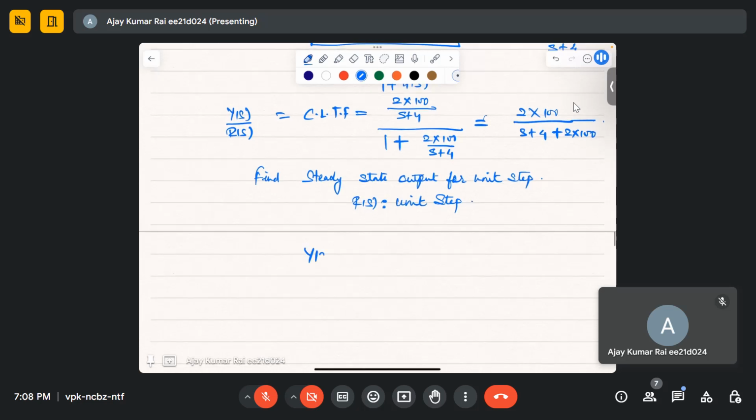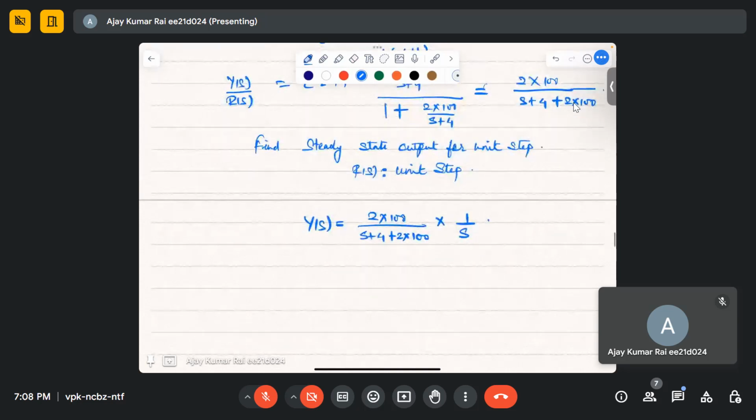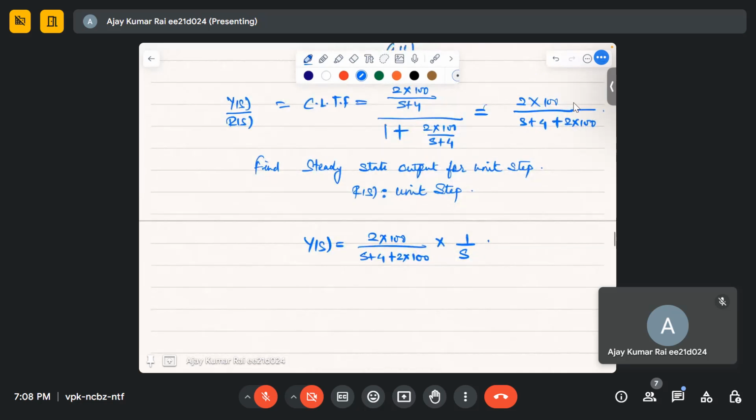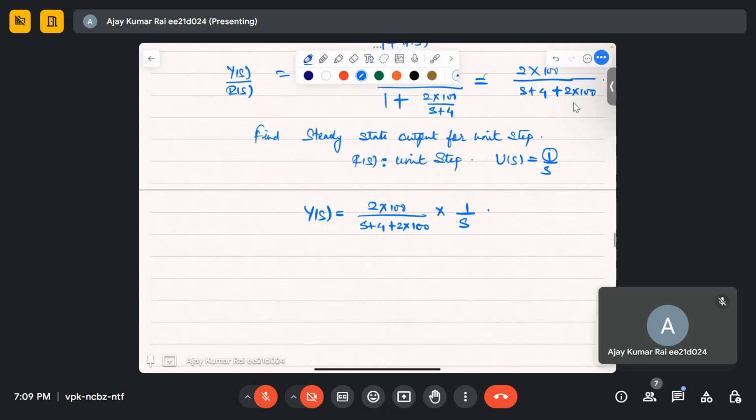Okay, so y of s will be closed loop transfer function, whatever this 200 is plus 4 plus 2 into 100 into u of s. Okay, u of s, so I'm just replacing with 1 by s. Okay, unit step means you'll get u of s is 1 by s, right? So this is 1, just remember this. Okay, your output should be 1.